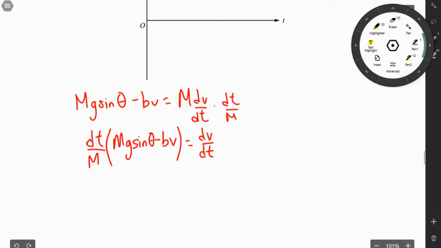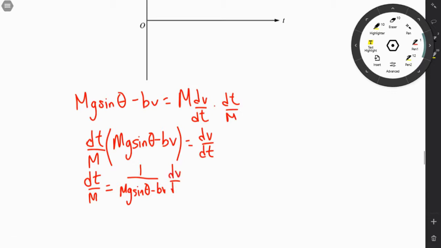And then I'm going to divide by mg sine theta minus bv, so dt over m equals 1 over mg sine theta minus bv dv. In fact, I put a dv/dt here when it should only be dv. Okay, so dv.